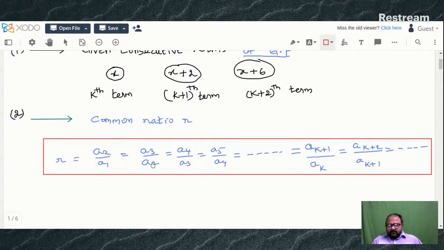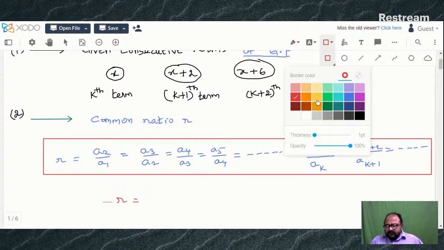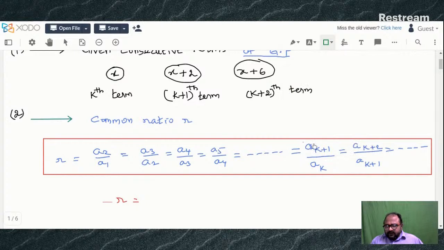But you know that they are consecutive terms. In this condition, we can write common ratio r equal to, I would like to use this concept. Here, I can consider these two.